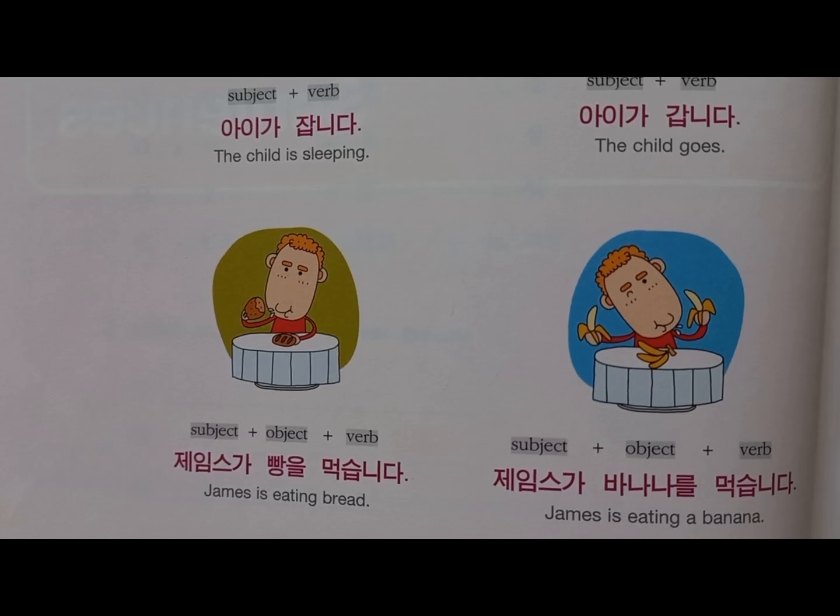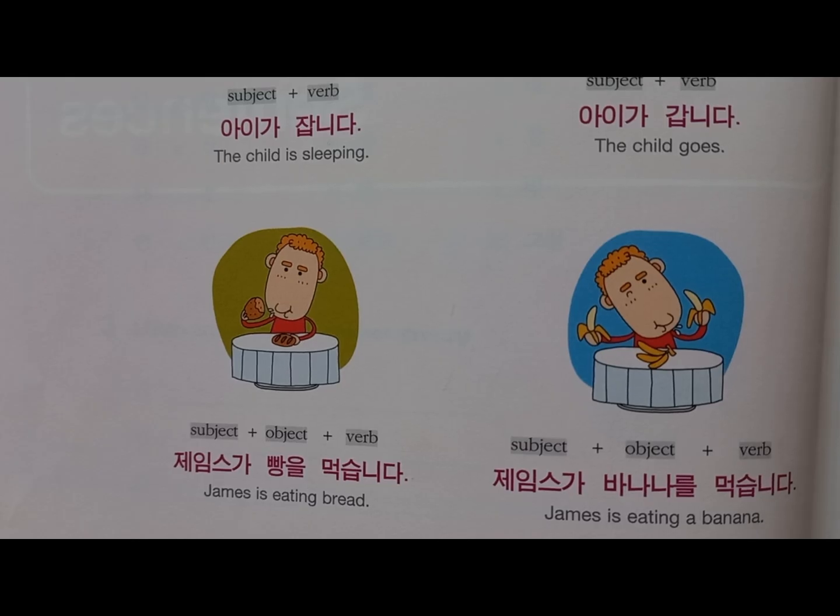Sometimes the order of the subject and the object may be reversed, but you can still tell which is which by the grammatical particles that come immediately after each. So, for example, 빵을 제임스가 먹습니다, instead of 제임스가 빵을 먹습니다.